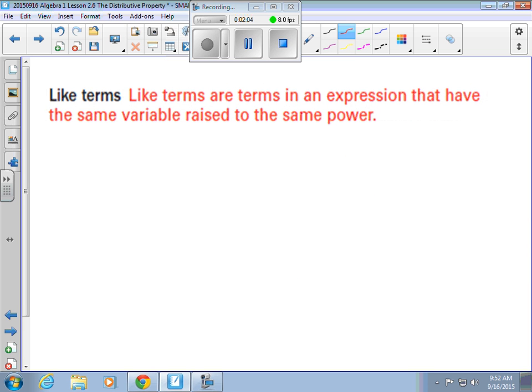Like terms have the exact same variable raised to the exact same exponent. So 2x plus 3x are like terms. 2x minus 3x are like terms. 2x plus 3x squared are not, because they don't have the same exponent.